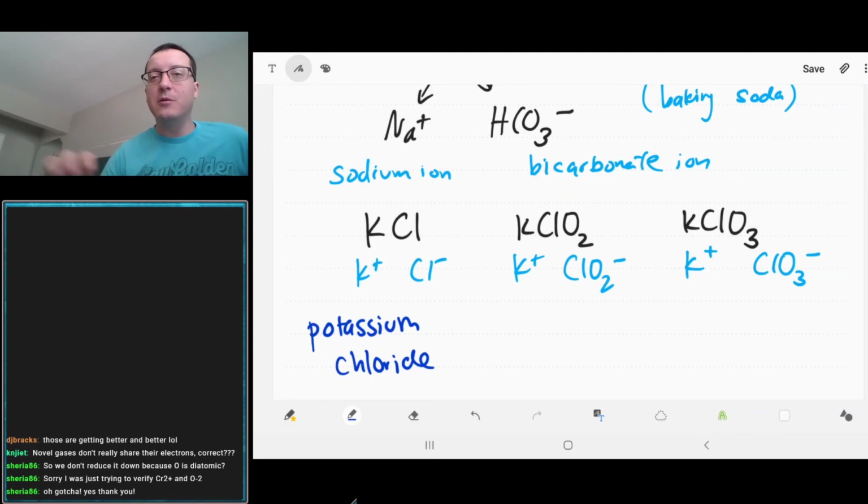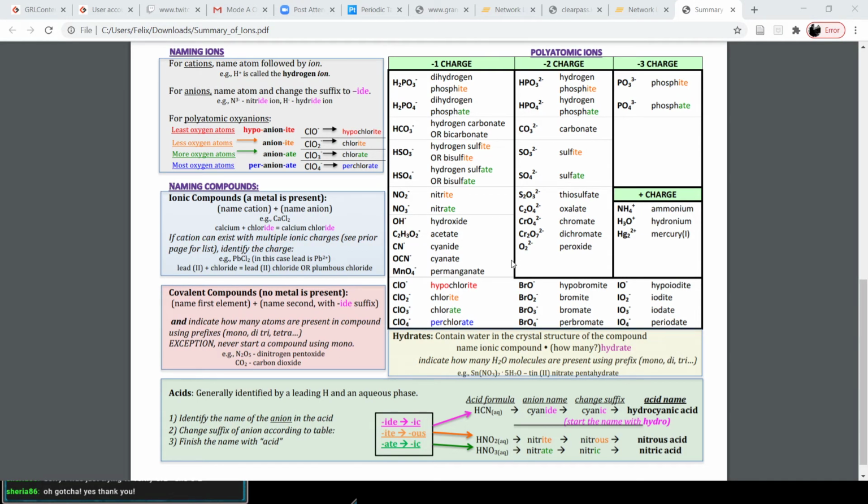For the other two, we would technically have to go to our little chart and look. ClO2 minus. Sorry, I have like 2 mice showing on this thing. So we'll see ClO2 minus and ClO3 minus are right here on our polyatomic ion chart.